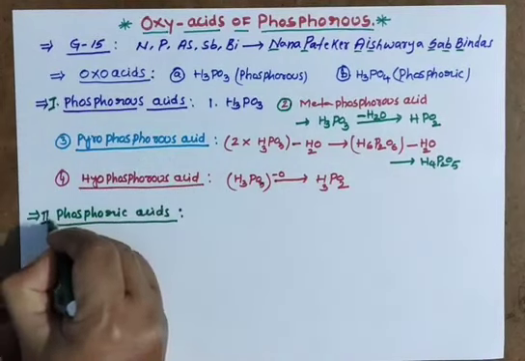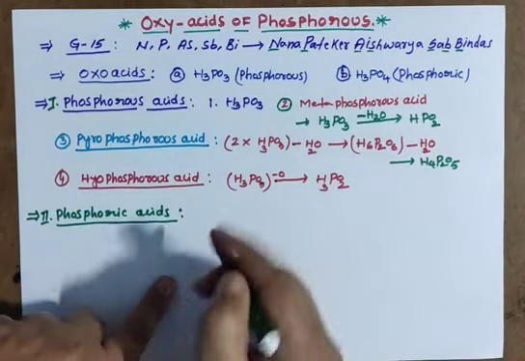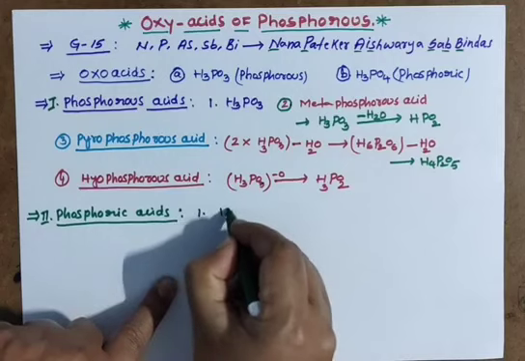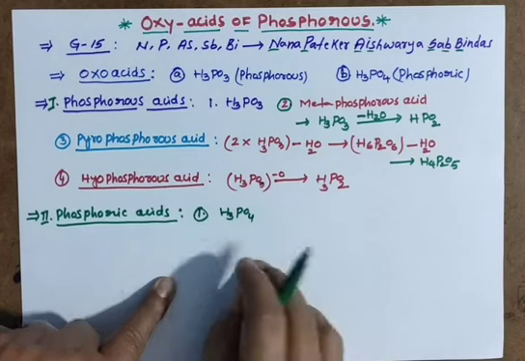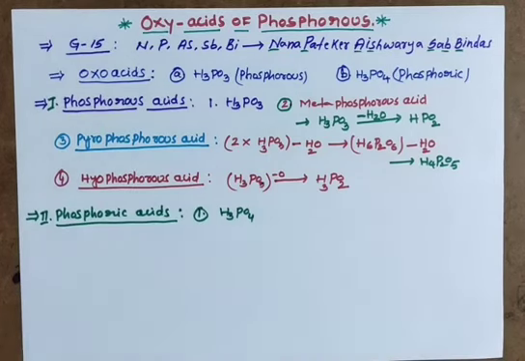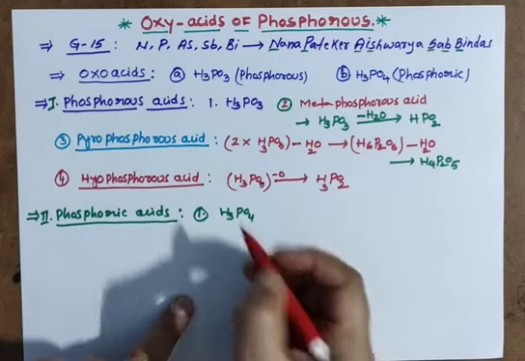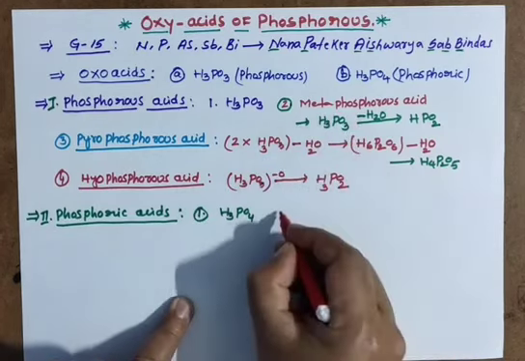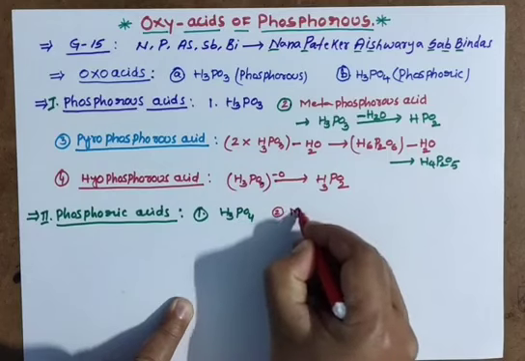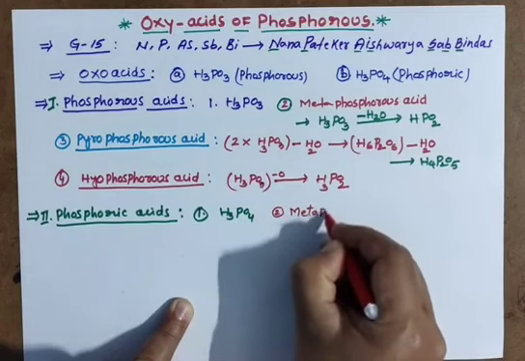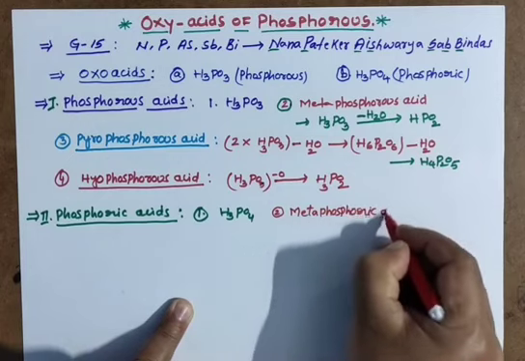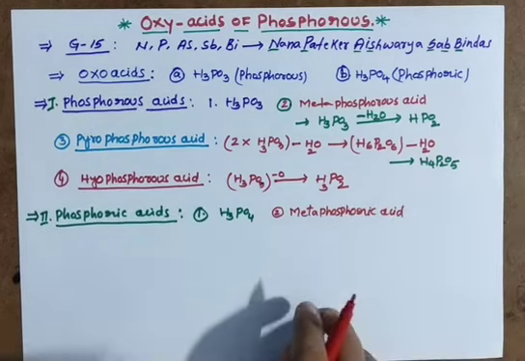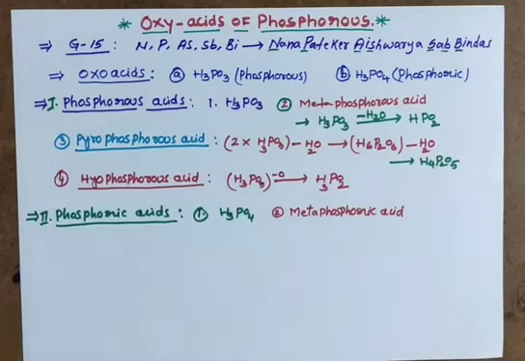Now I am going to explain phosphoric acids. You know phosphoric acid already, H3PO4. This is the basic unit in phosphoric groups. From this I am preparing first meta, metaphosphoric acid.